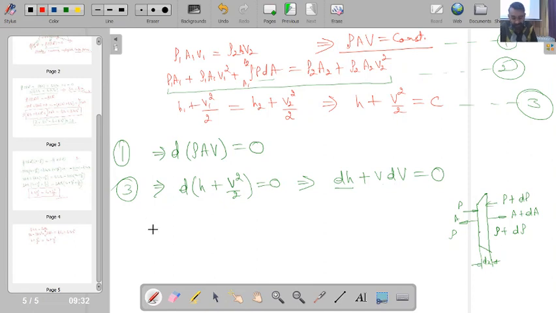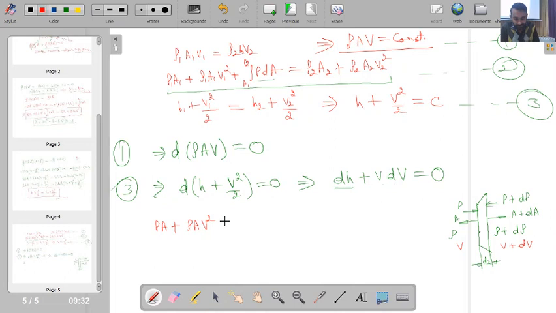So if I take this differential element, for this differential element if I need to write down the momentum equation, I can write that P into A. So if you see P1 A1, so on left side I have P into A plus rho A V square. So if say velocity is V over here, here it is V plus dV.